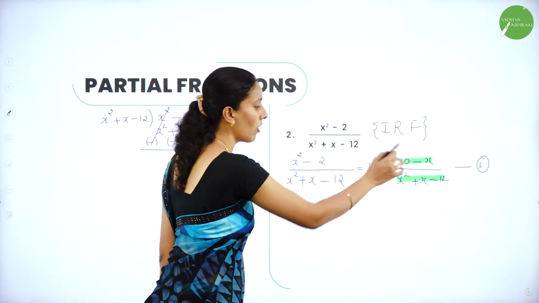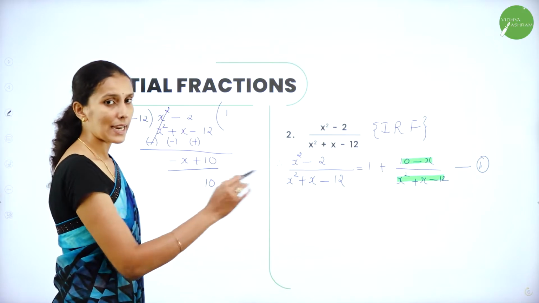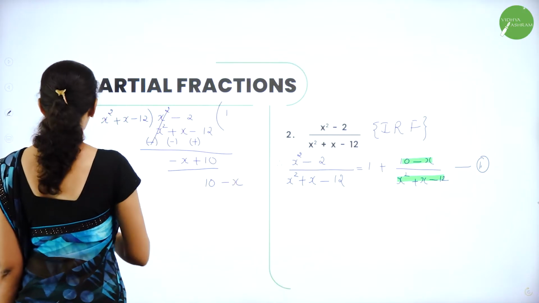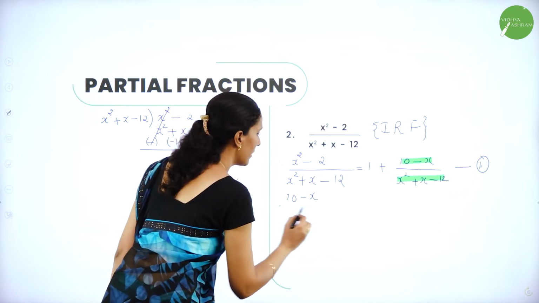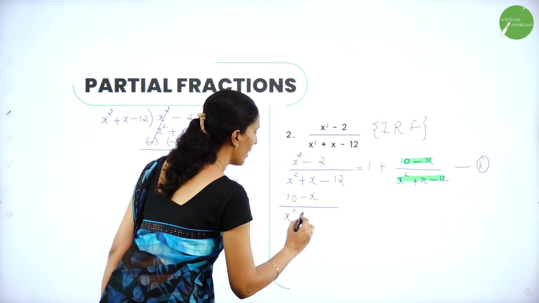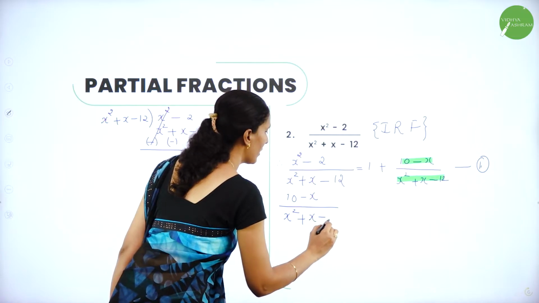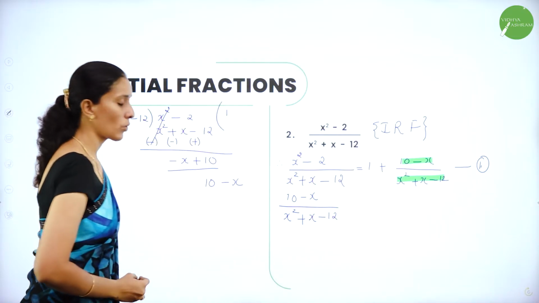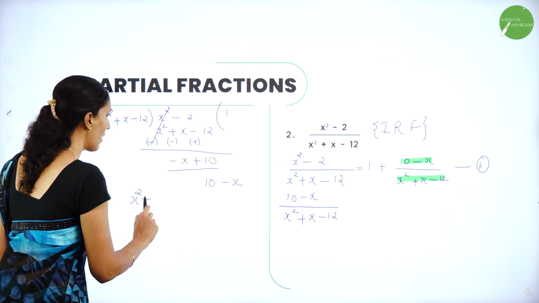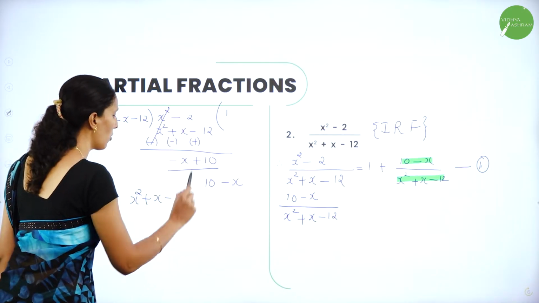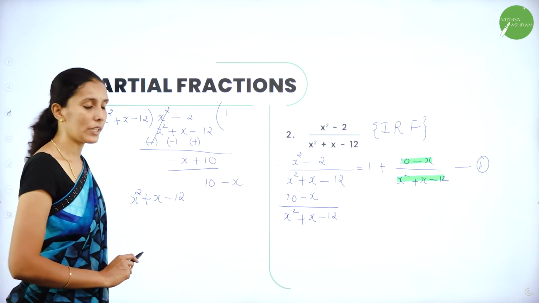Now I'll just resolve the second term. I'll add the terms later. So now take only this: 10 minus x divided by x square plus x minus 12. Whenever you have a quadratic polynomial, just resolve it into two linear factors.